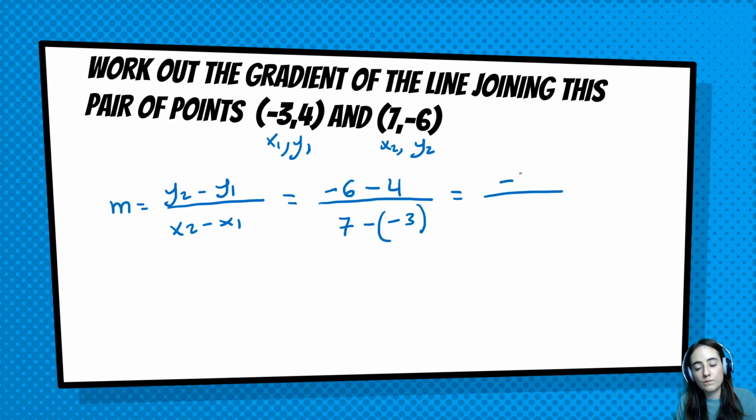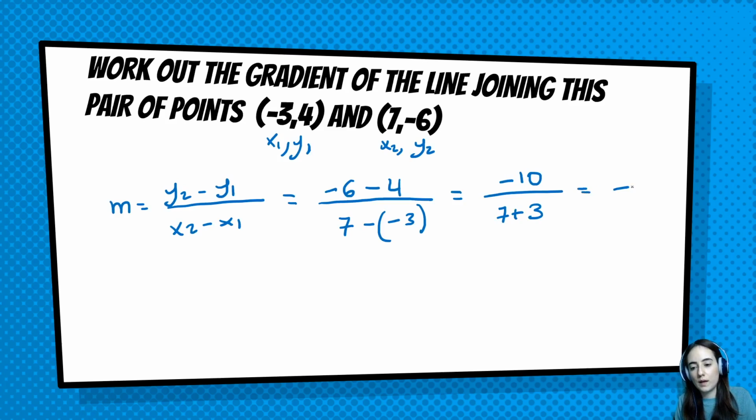So minus 10. And then we have 7 minus minus 3. What did we say about the minus outside the brackets? It changes the signs of whatever is inside. So since it's negative inside, the minus outside will change it and it will become a positive. So 7 plus 3.